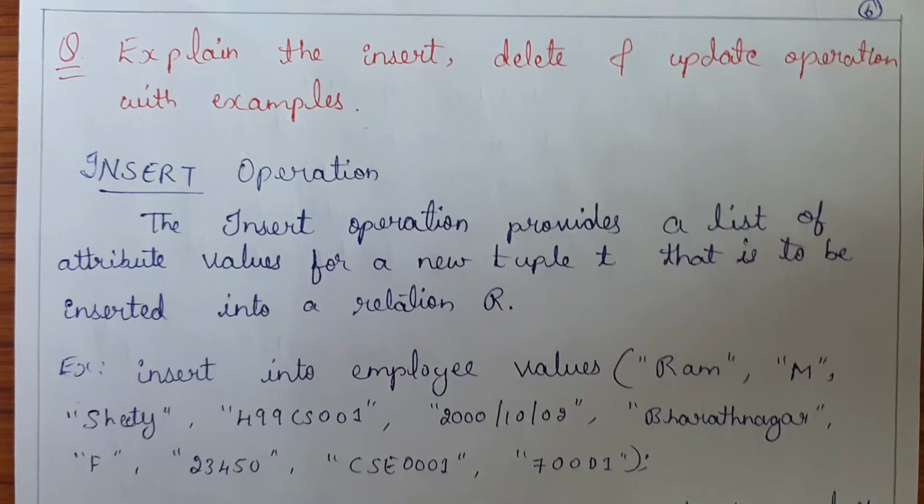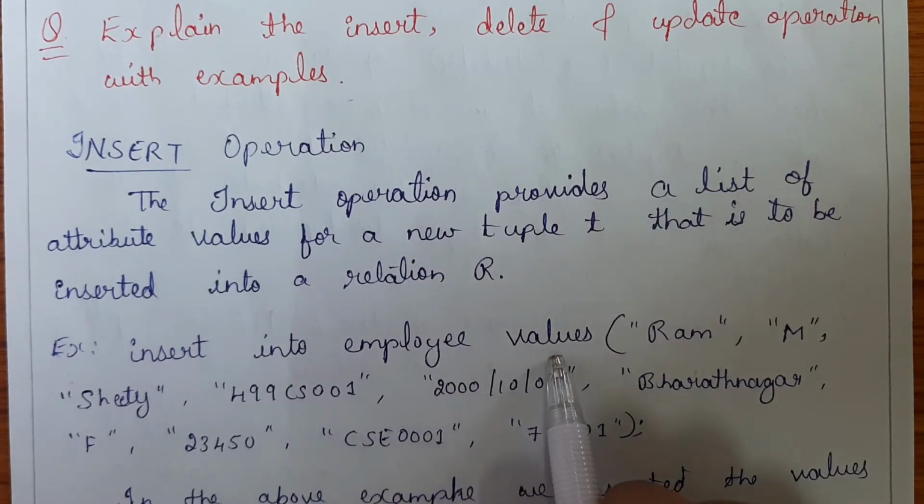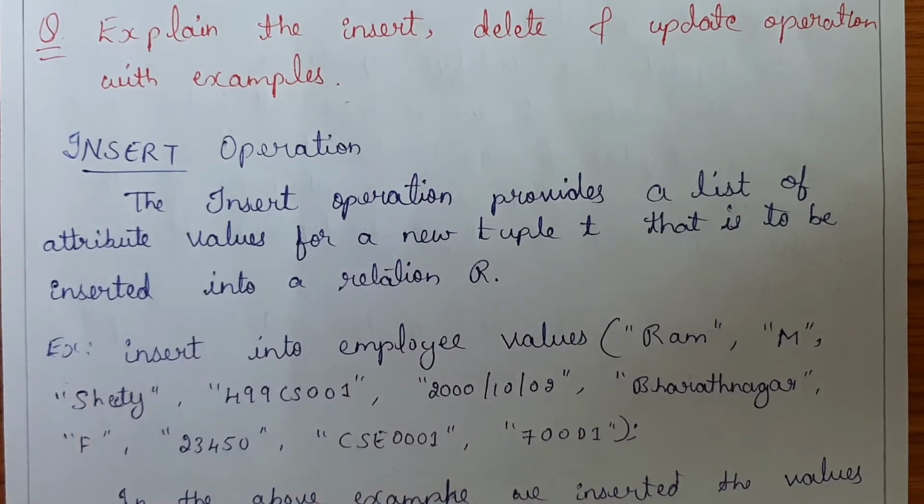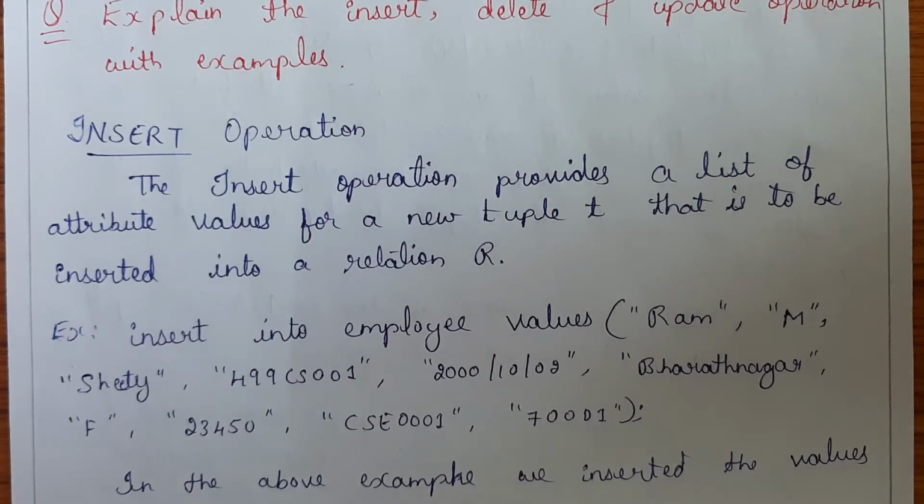So example, insert into employee values. Once we have created the table, then if we want to insert any values, we are going to write the command like this: insert into employee values. What values do we have to enter?